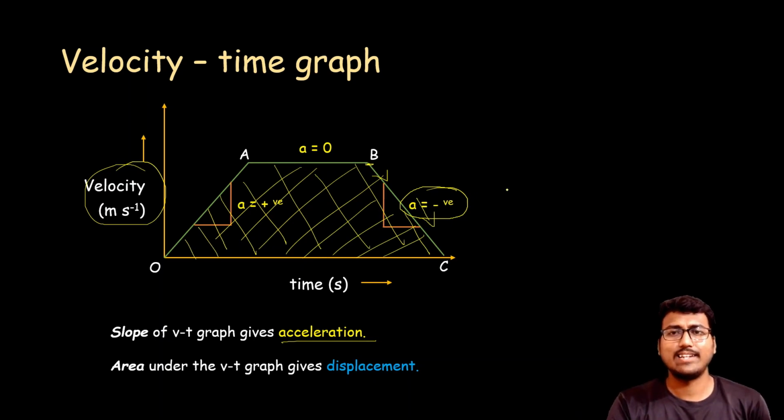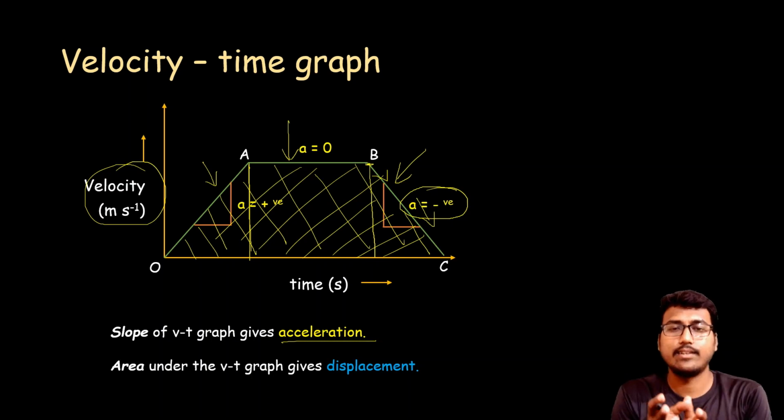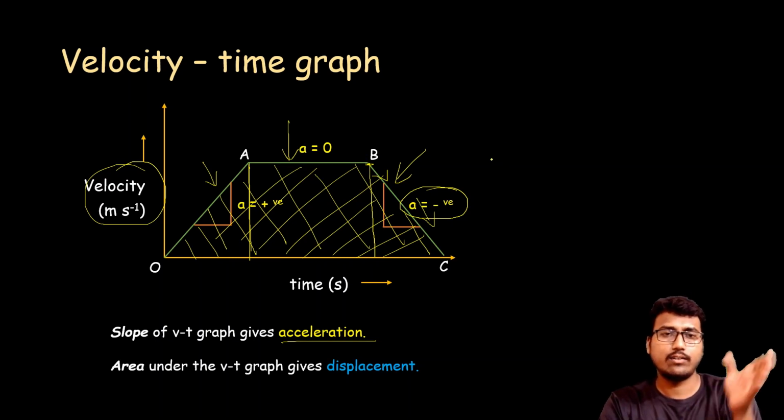What is the area? Length into breadth, right? For the rectangle. For the triangle, if you consider from here to here. Here if you divide, two triangles are there, one rectangle is there, right? One triangle, the second triangle, and this one is the rectangle. So here you are going to find the area of two triangles and the area of the rectangle, which is going to give the total displacement.